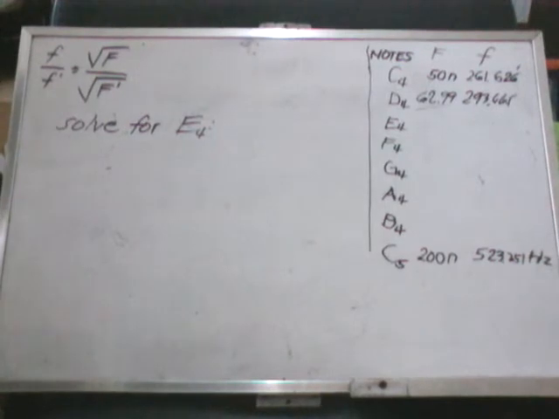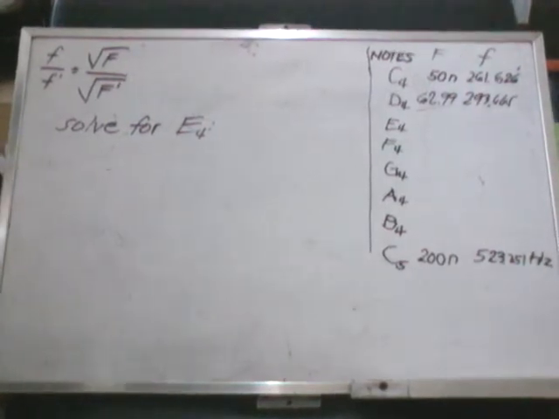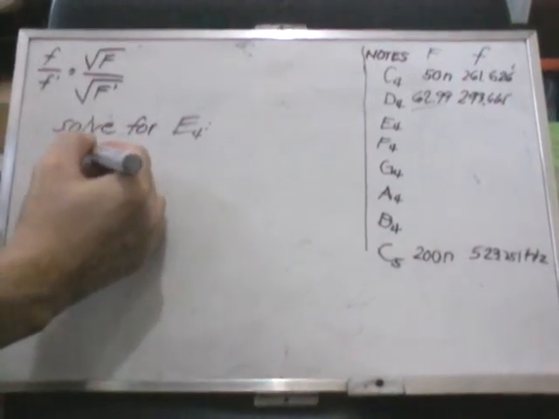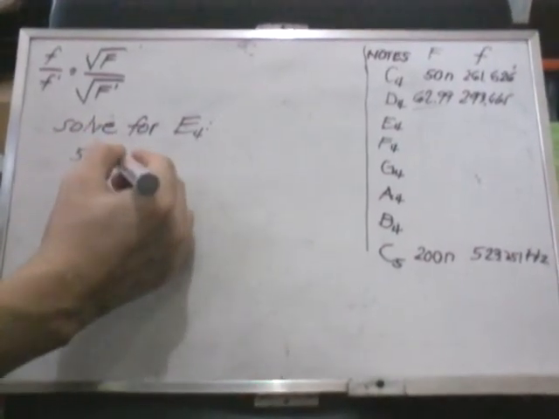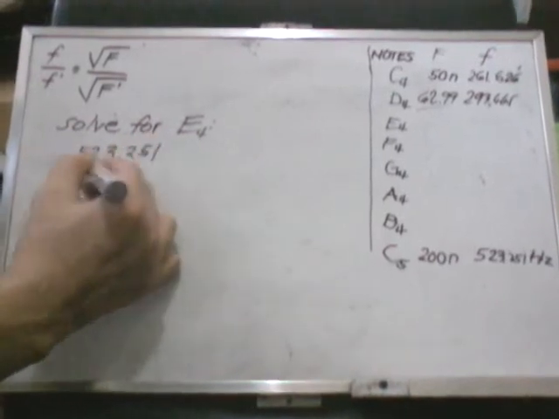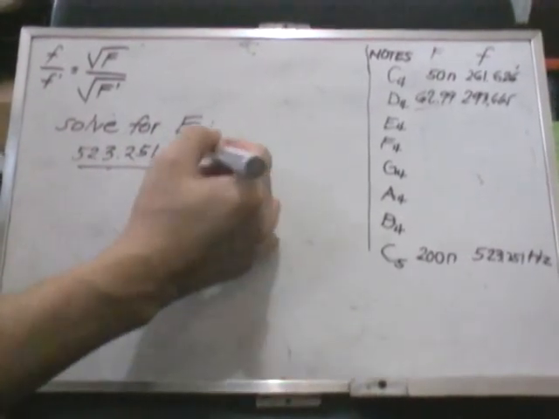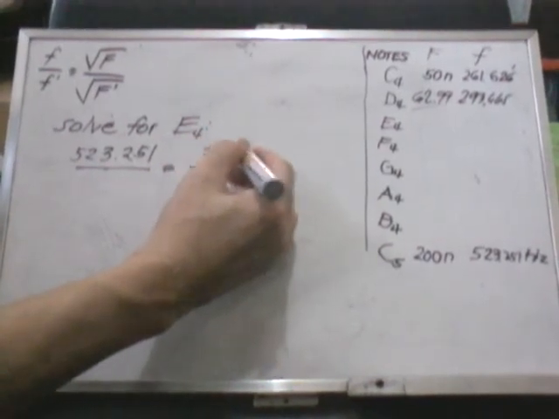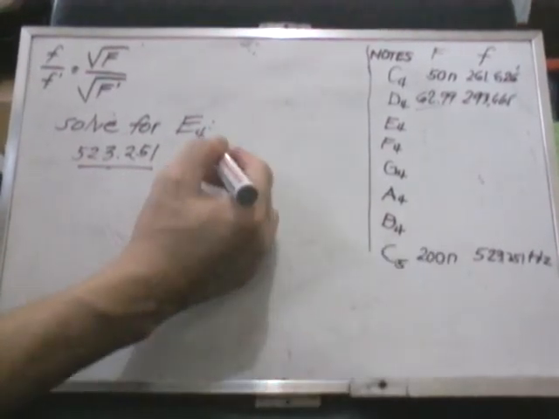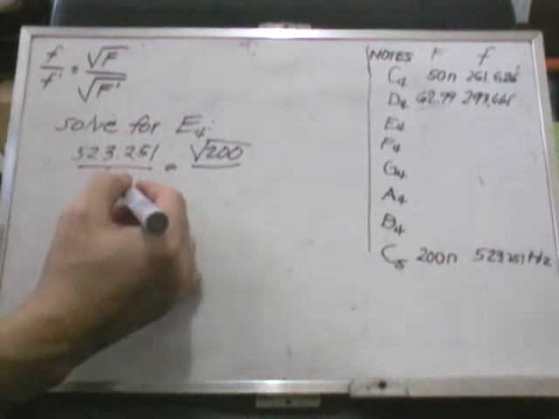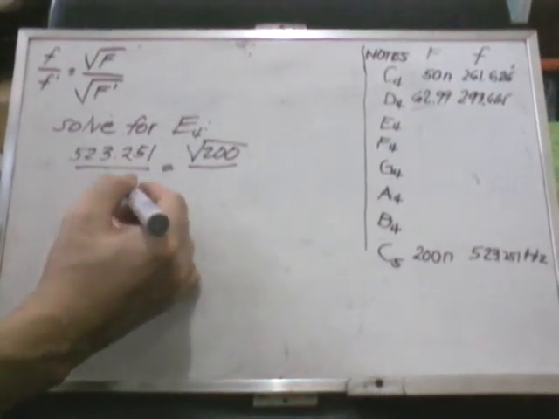So let us solve for E. Now we have the frequency of C5, it's 523.251, and its corresponding applied force of 200 newtons. Then we have to solve for the unknown.